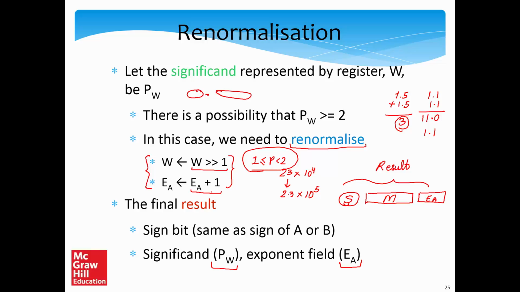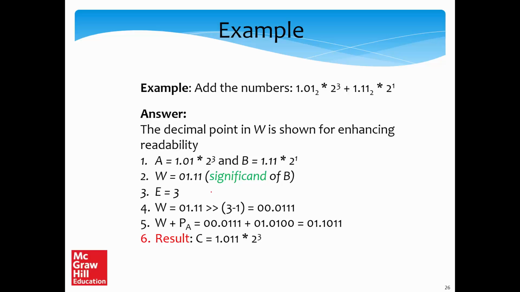Let's explain with an example. Let's add the numbers 1.01 in base 2 times 2 cube, plus 1.11 again in base 2 times 2 raised to the power 1. The decimal point is shown in W to enhance readability, but in the hardware it will not be there.